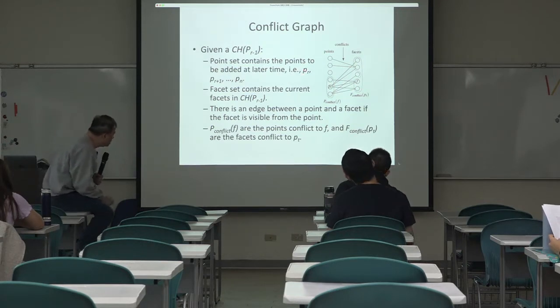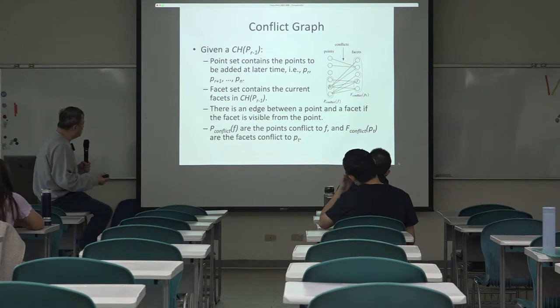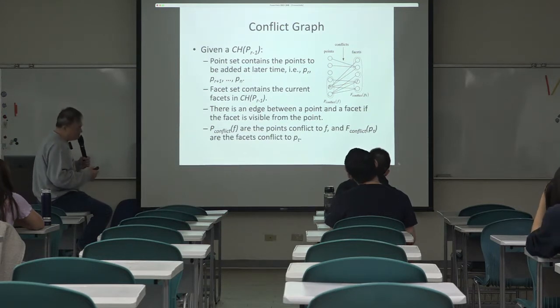At the beginning we have many points, very close to the number n. But as we insert the points one by one, the size of this point set decreases gradually until it becomes 0 after you finish all insertions.